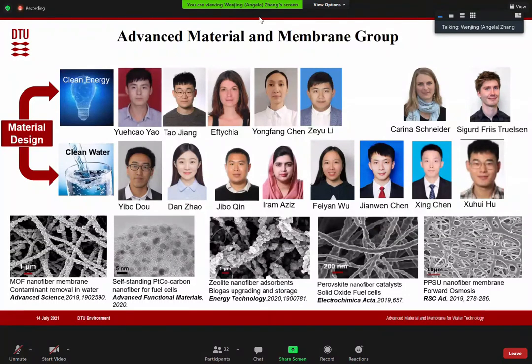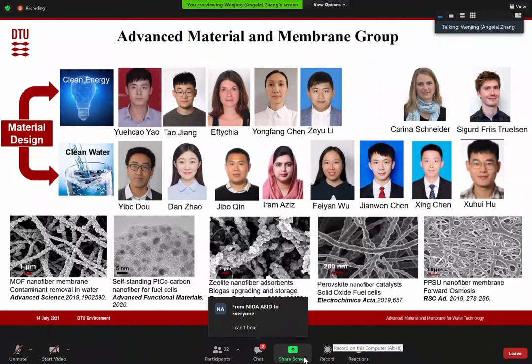So here is a list of selected papers over the 2 years. And you can see some keywords here like contaminant removal in water. This is fuel cells, nanofiber electrode, biogas upgrading, storage, solar acid fuel cells, and also the forward osmosis. They are very much different, but they are also quite similar in the morphology.